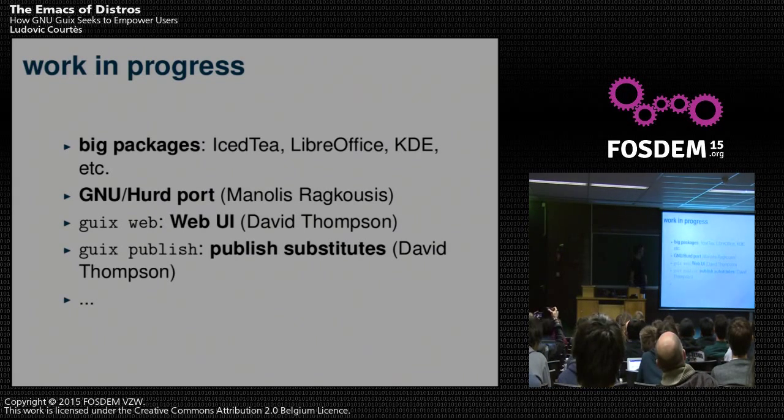It's work in progress. There's still a lot to be done. David Thompson developed GuixWeb, which is the web interface which I showed you. Another thing is GuixPublish, which will allow normal users to publish their binaries over HTTP, so we can build some sort of peer-to-peer network.